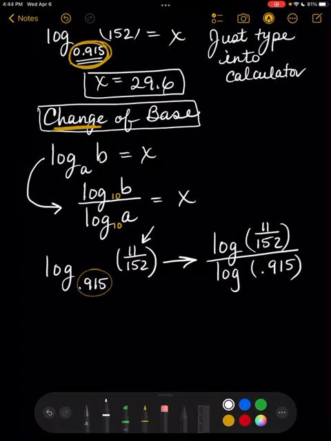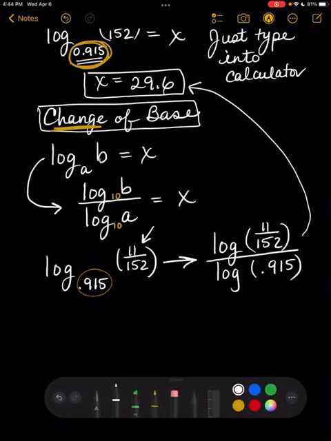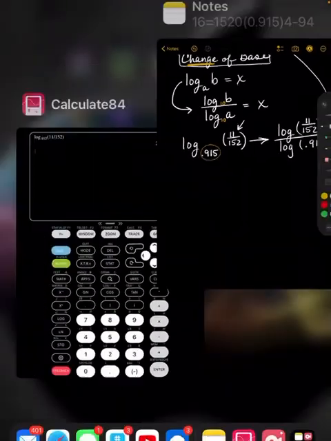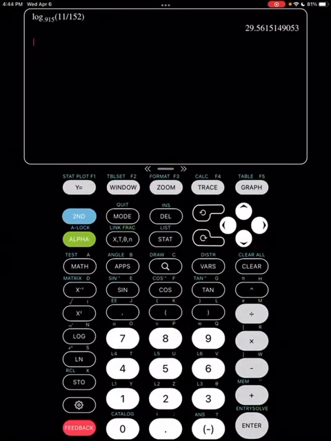So let's go do that. Switching screens. Hold on. Let's go here. So there it is, it has base, but let's say our calculator had no log base input keystrokes on it. So let's type it using the common base property. So I'm going to use my regular log button. See, it doesn't give you a place to type your base because it's telling you, hey, this is log base 10. I'm going to write 11 over 152.